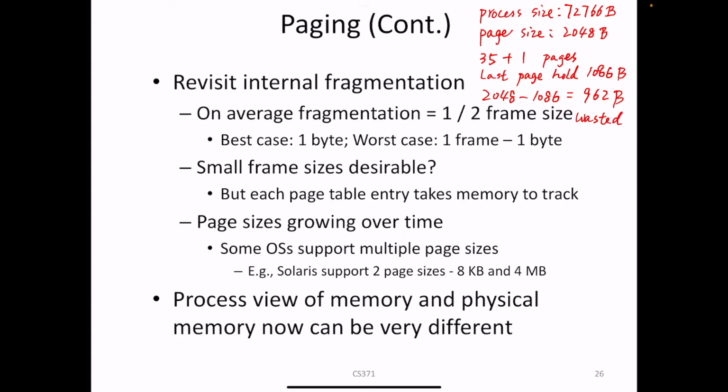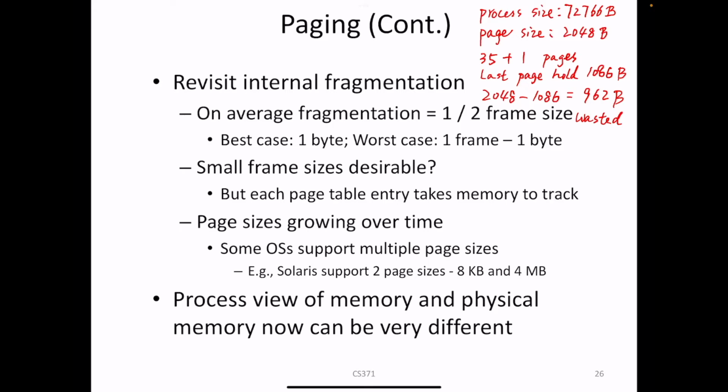However, we need to be careful, because we need a page table to hold the mapping information for each process. If we decrease the size of a frame or a page, the number of page table entries will increase at the same time. We also need to use the main memory to hold the page table for each process. Therefore, it may not be a good idea to just decrease the size of a frame.